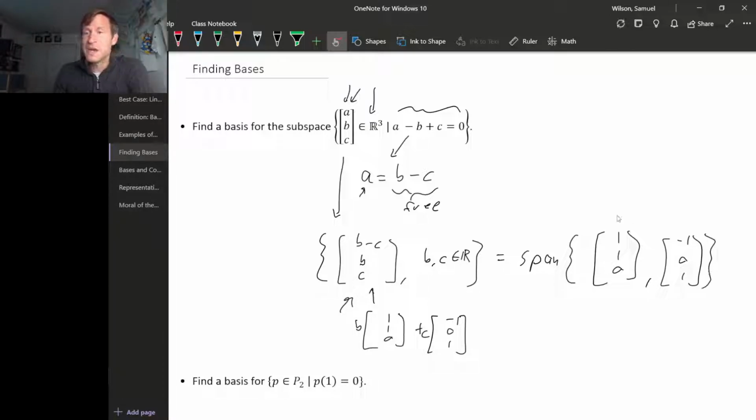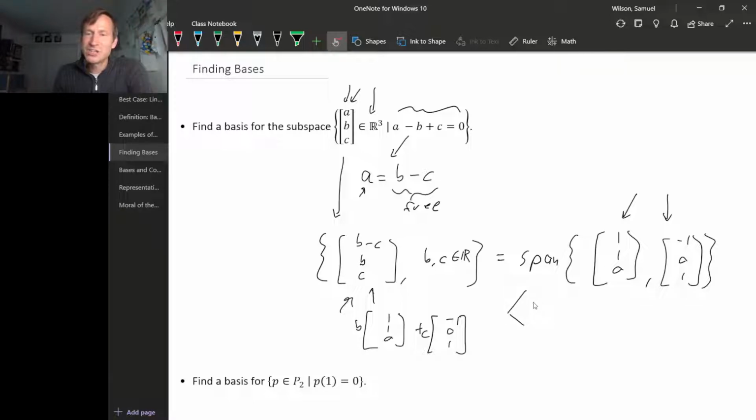So now we have a spanning set. To check if it's a basis, remember we need to know, is this spanning set linearly independent? Well, we only have two vectors, so as long as neither is 0 and one is not a multiple of the other, then they are linearly independent, and that's clearly the case, right? You can tell that just by where the 0 entries are in these vectors.